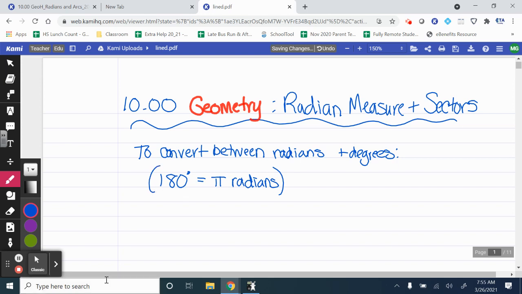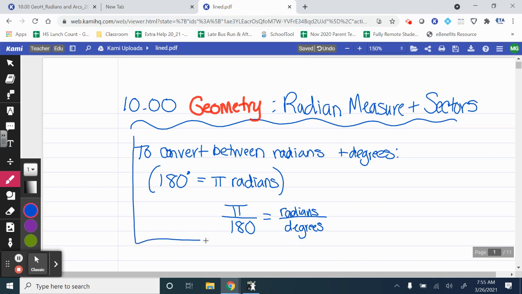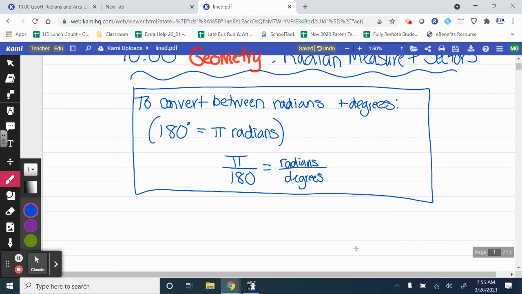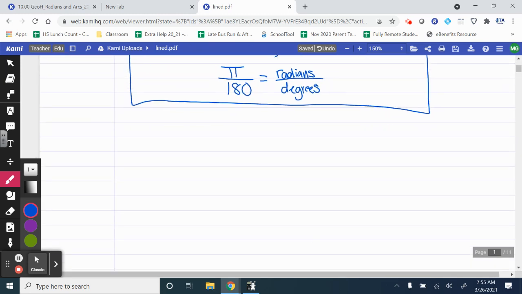Our proportion is pi radians over 180 degrees equals your radians over degrees. If you are given radians and looking for degrees, you would fill in however many radians you have. If you are going from degrees to radians, you would fill in the number of degrees and solve for the number of radians. Let's go through a couple of examples.